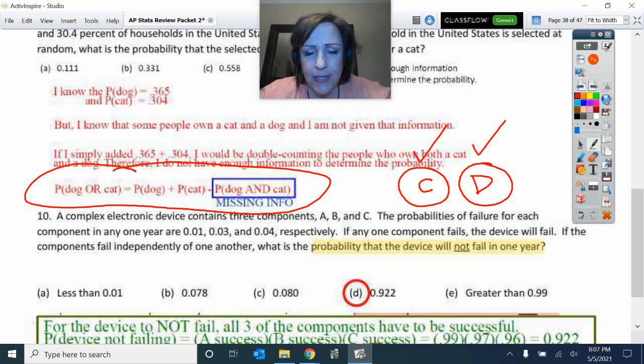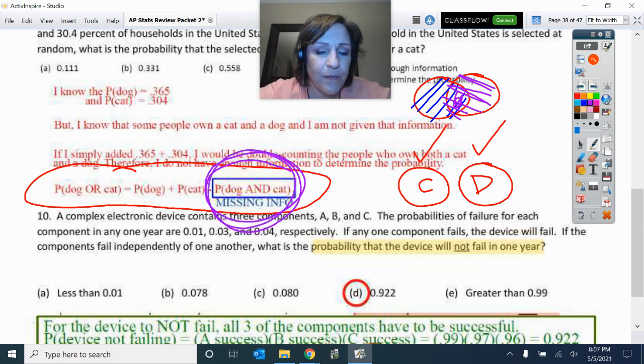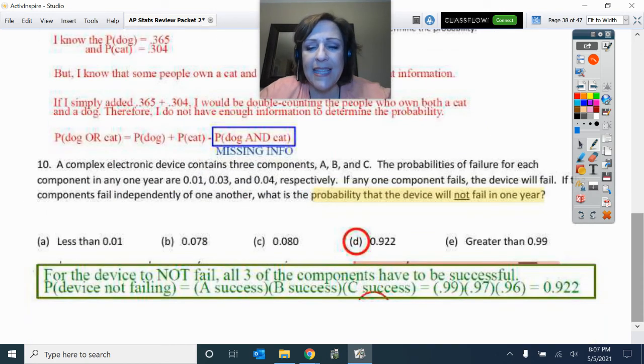But obviously, that is not the case in real life. There is overlap for cat and dog. So that means if I just added the cat probability plus the dog probability, then I would have counted this piece twice. And so that's the missing information as to why I do not have the ability to answer this question.